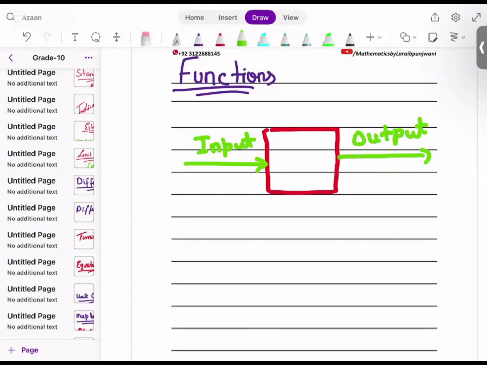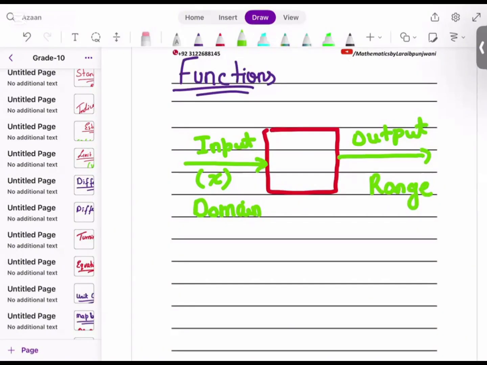As we know, mostly the input is known as x that we input, and the input is represented by the domain. All the values that we put replacing x are known as the domain of the function, and the output is known as the range.